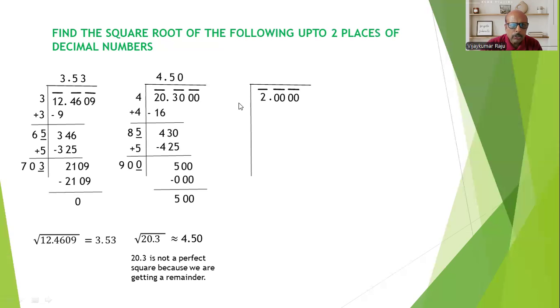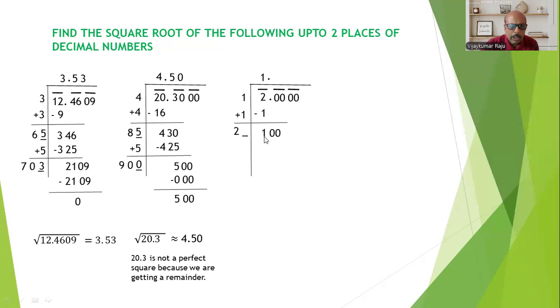Number is 2, so 1, 1 is a 1. Subtract it, you'll get 1. Add 1, 2. Now bring the next pair, but this pair is after the decimal point, so you'll have to put a decimal point in the answer. Now you bring the next pair down.